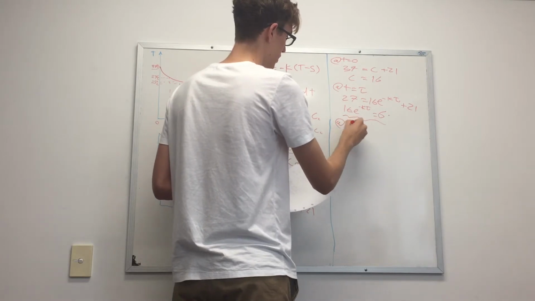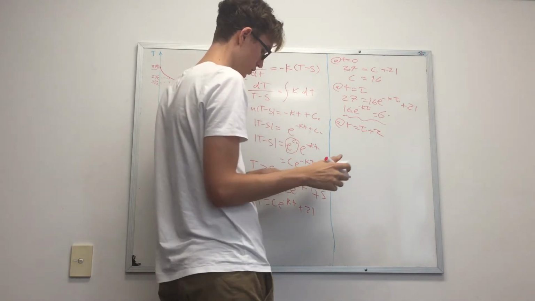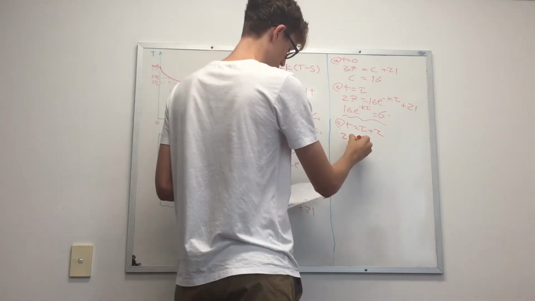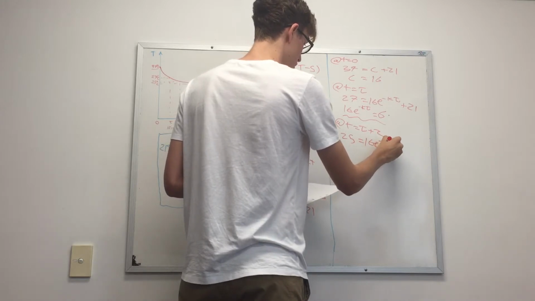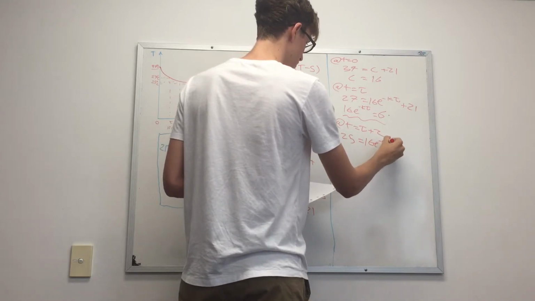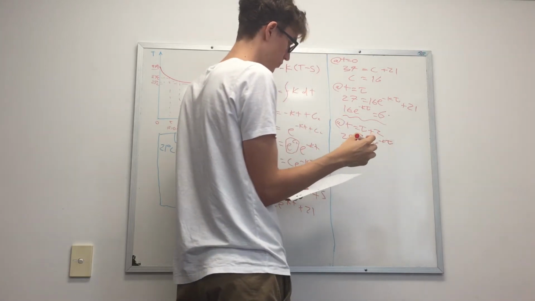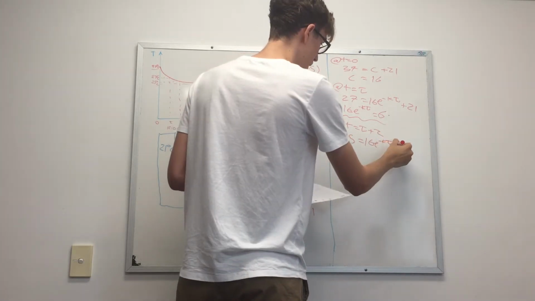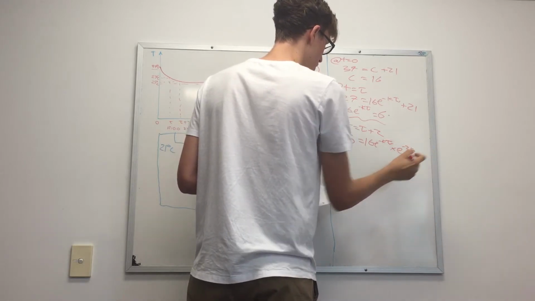And then at t equal to t_or plus 2, we're going to end up getting 25 is equal to 16 e to the negative k t_or times e to the negative 2k.